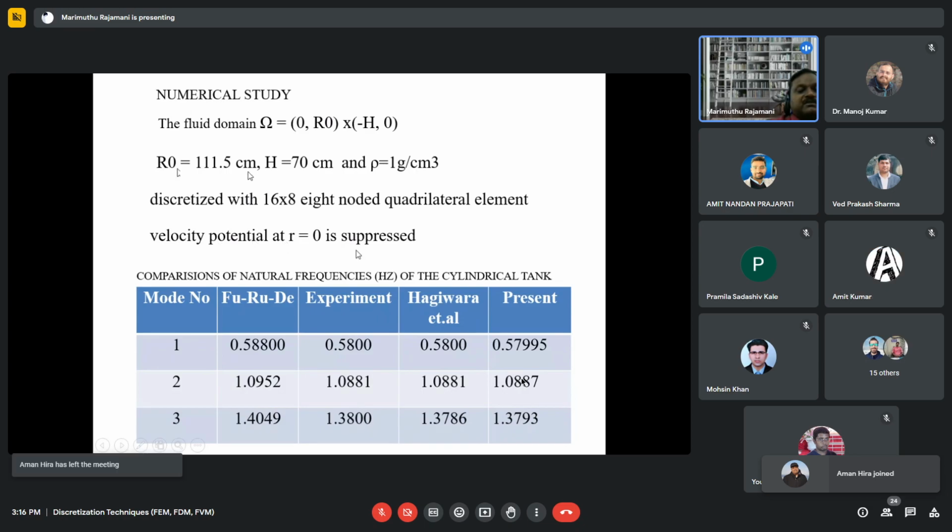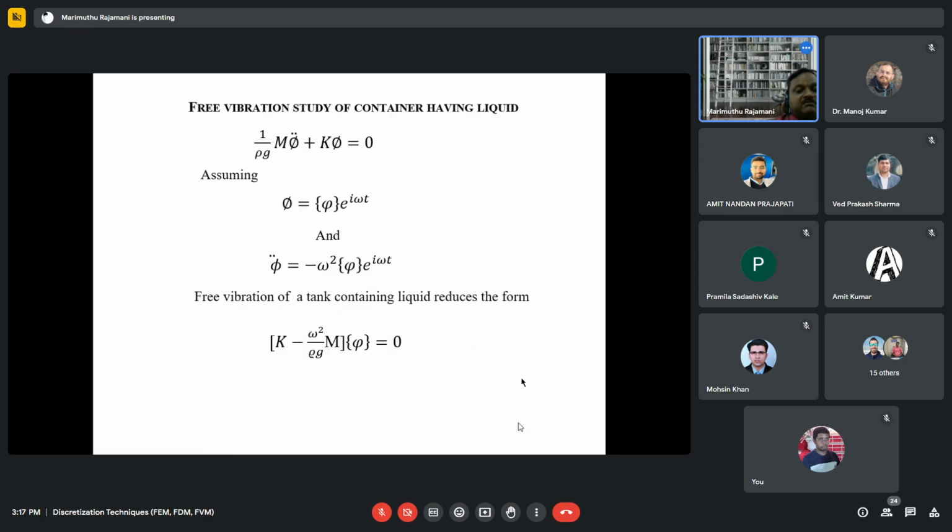These are the results we got compared to the literature. This is the literature value, this is the experiment conducted, this is another person who has studied, and this is our result, what we have got through the formulation I have presented.